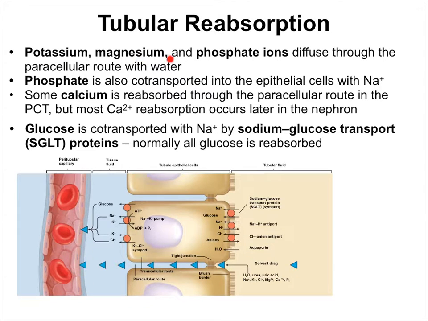Potassium, magnesium, and phosphate are carried through the paracellular route with water, sort of passively. Phosphate is also co-transported with sodium. So you're absorbing sodium, and that's going to pass through the transcellular route with phosphate.